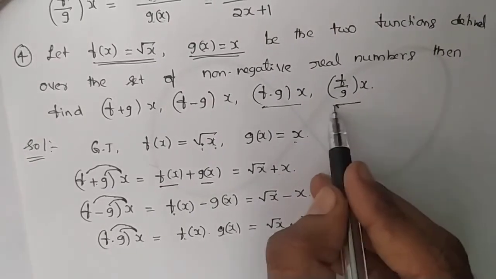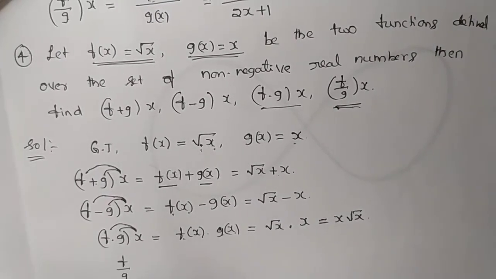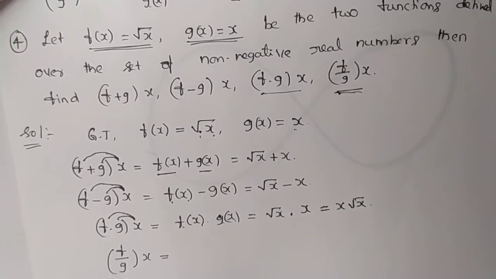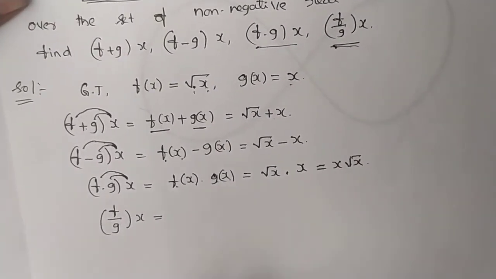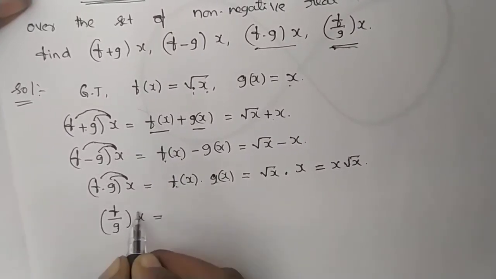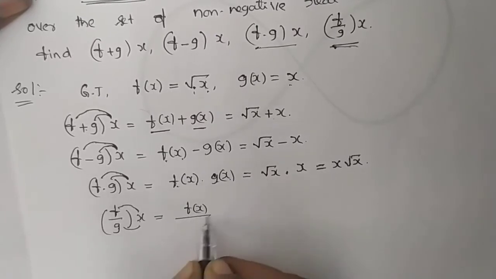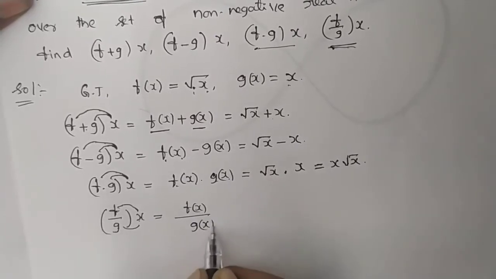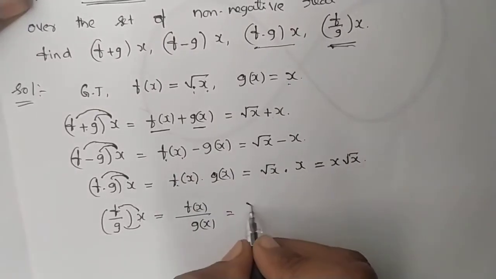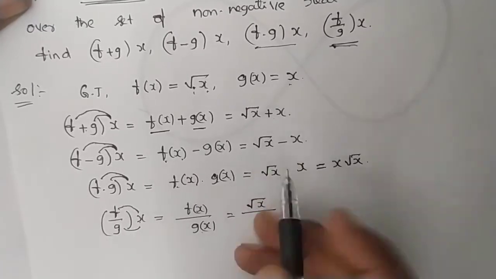Now let us find out f by g of x. F divided by g of x equals f of x by g of x. F of x divided by g of x equals root x divided by x, since the function we have for g is x.